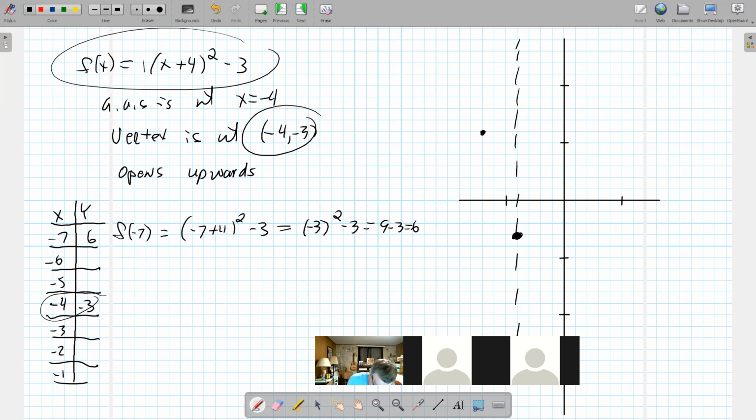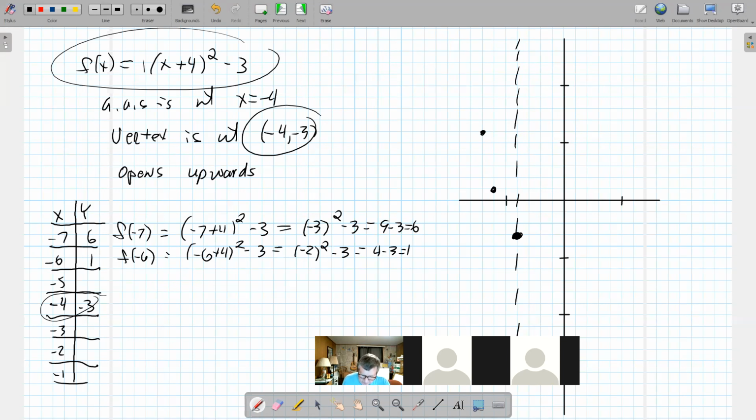If x is negative 6, f of negative 6 equals (negative 6 plus 4) squared minus 3, which is (negative 2) squared minus 3, which is 4 minus 3, which is 1. So negative 6, 1 is right there.